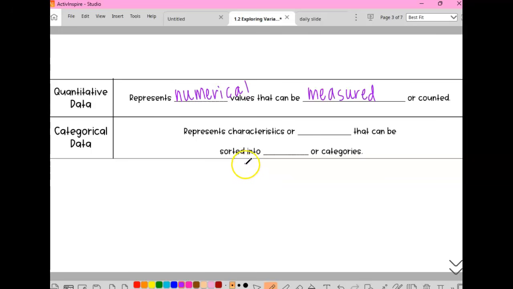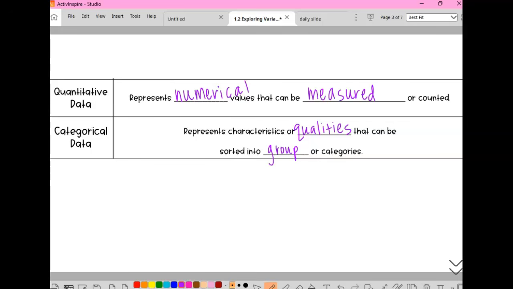So we have quantitative, and we have categorical. This represents characteristics or qualities that can be sorted into groups or categories. Okay, so this is categorical data. And in the survey, you have both.